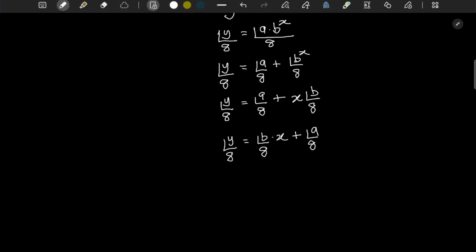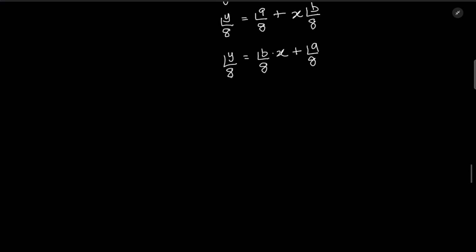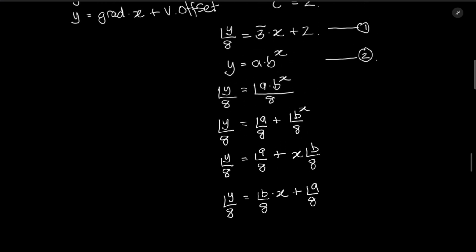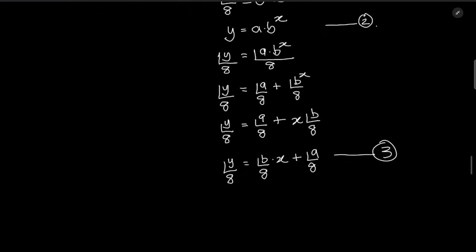So y equals mx plus c. If we compare this equation, let's call it equation 3, with equation 1, you can see that the m's are equal. So let's do m first.